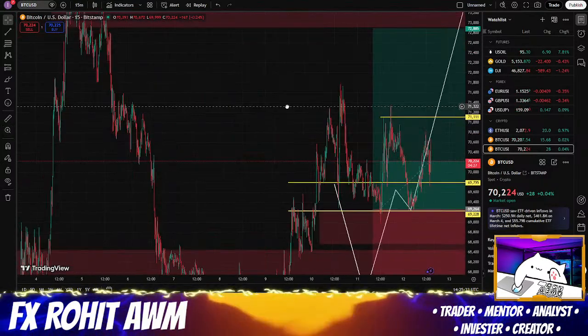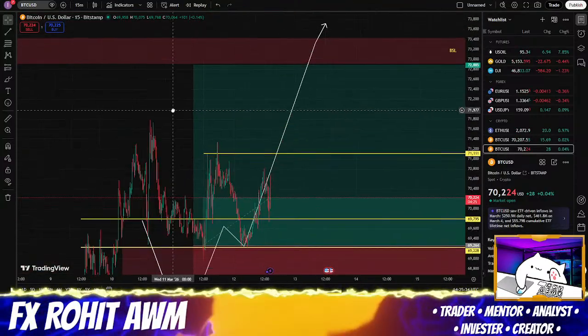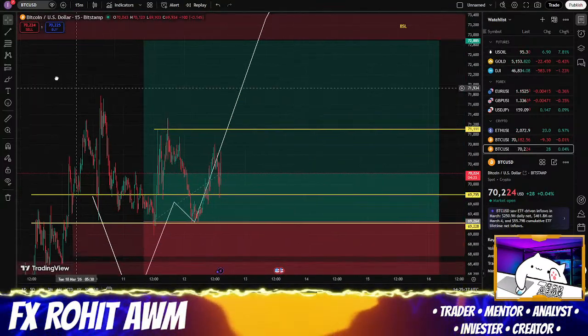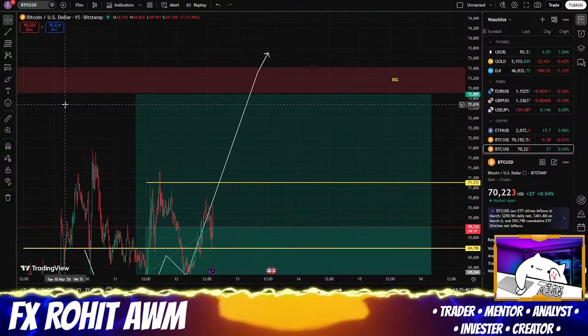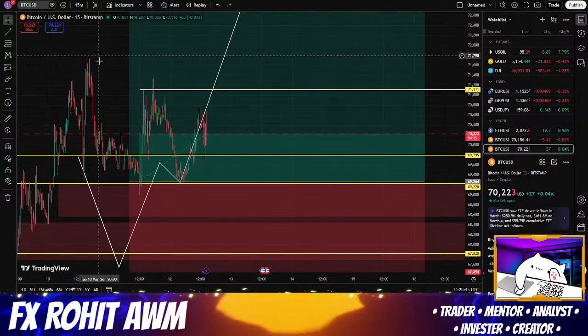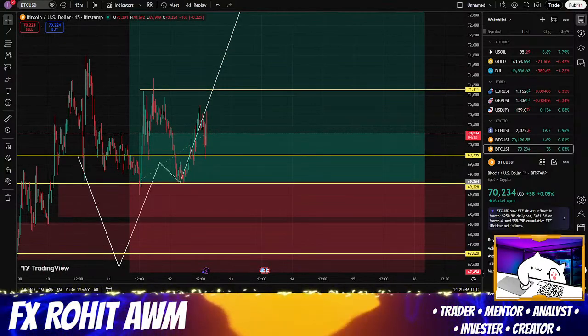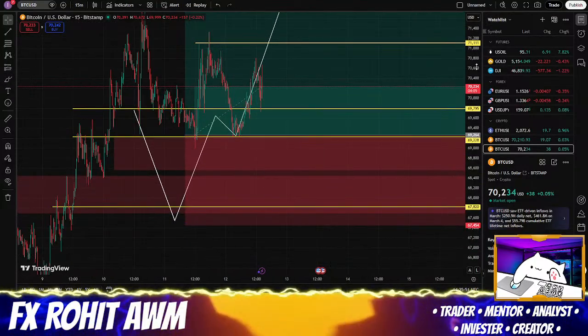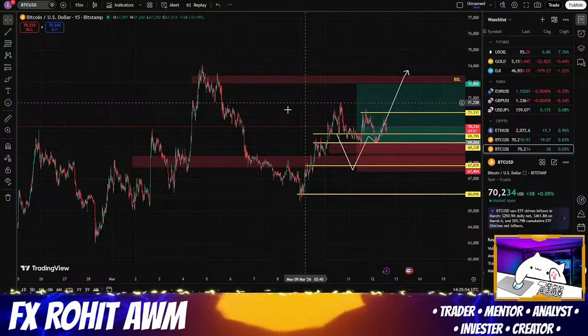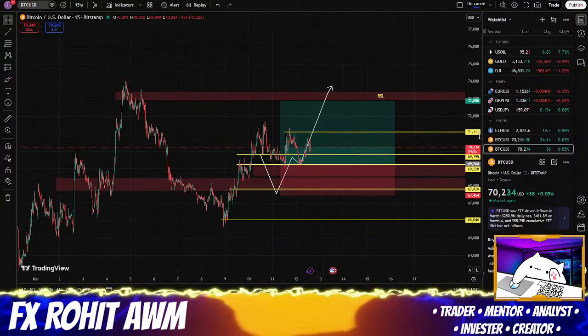So that's the BTC trade, guys, because BTC hit the TP2. We did not get the TP3, so we're now holding this trade. And I think this trade must be easier. So let's check some of today's analysis.